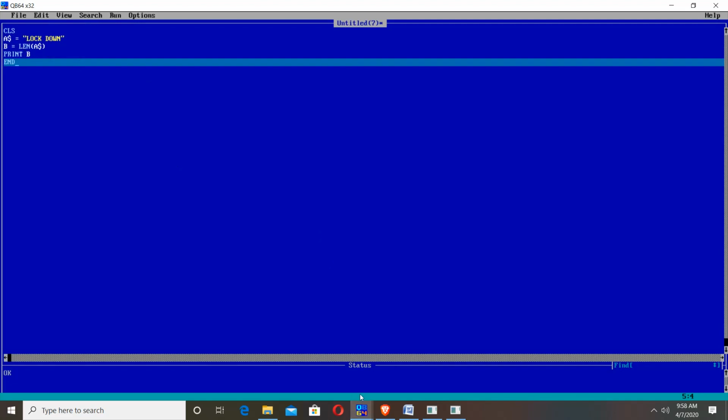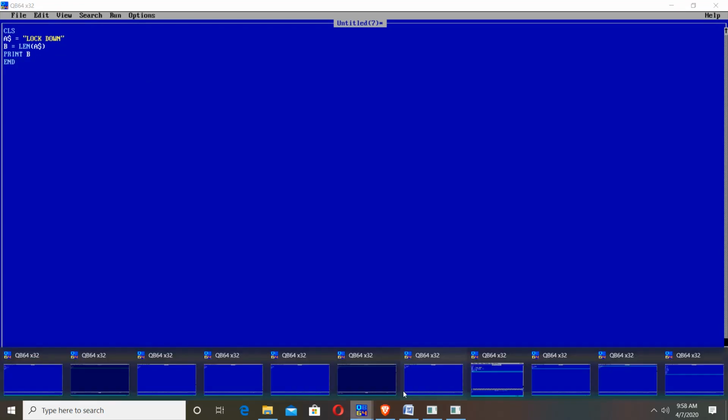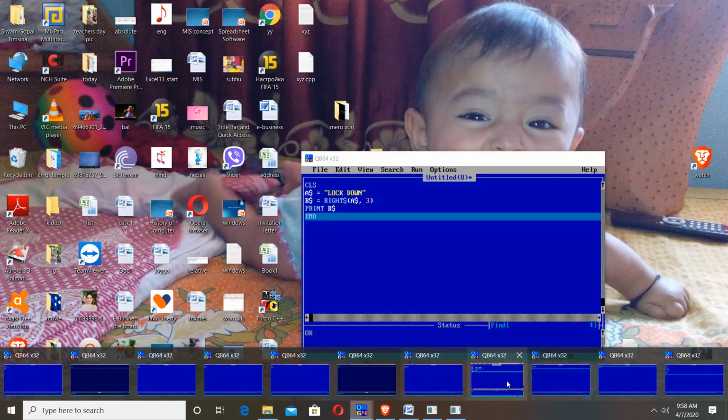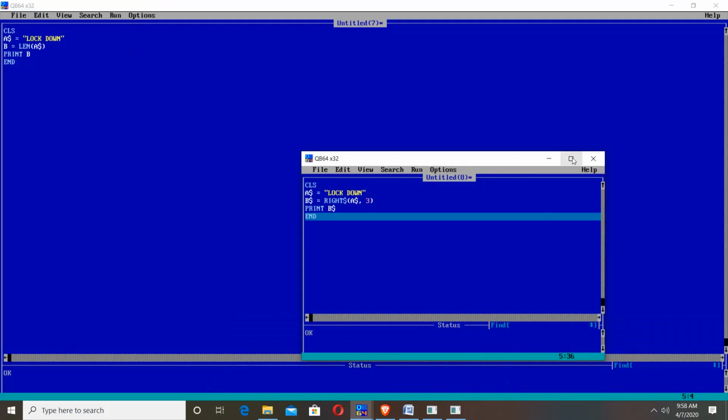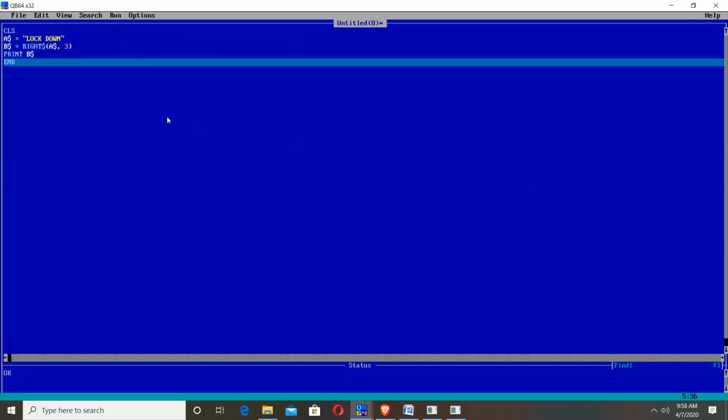Okay, the next one is RIGHT$. Now what is RIGHT$? From the term it is clear. RIGHT$ means it takes the characters from the right side of the given string. Now the value of A$ is locked down.